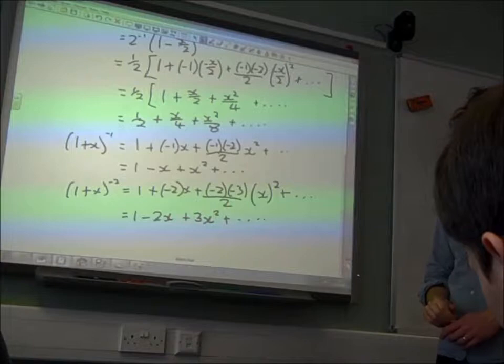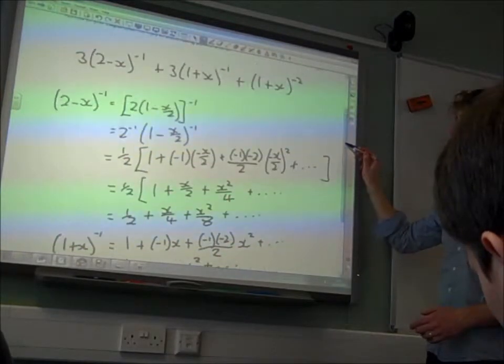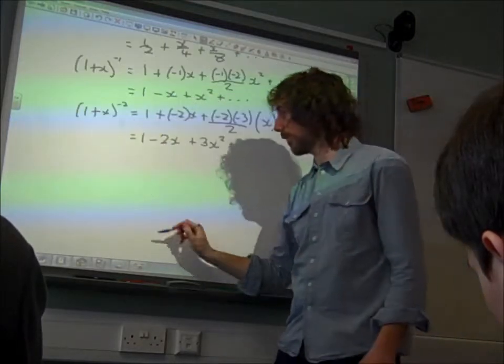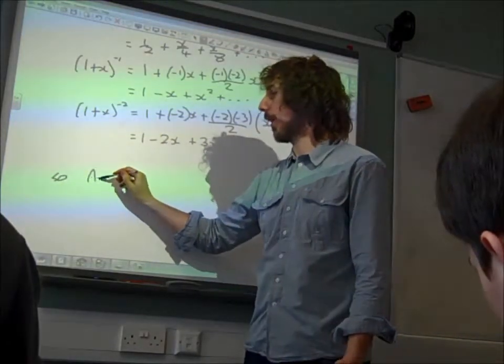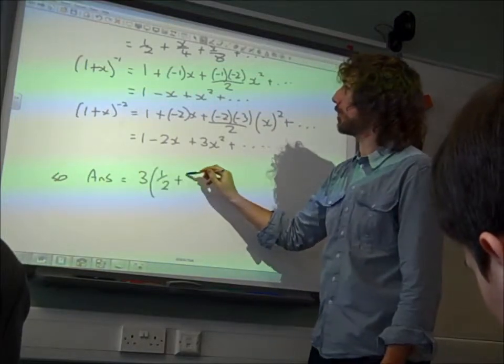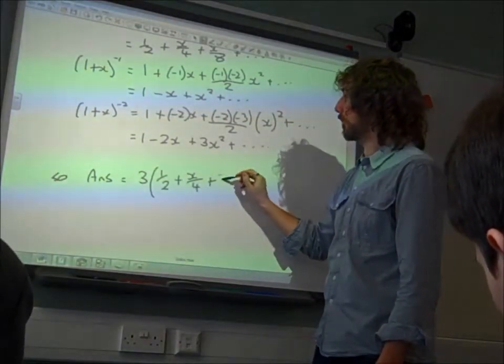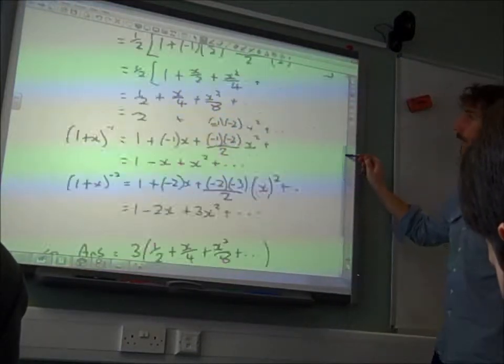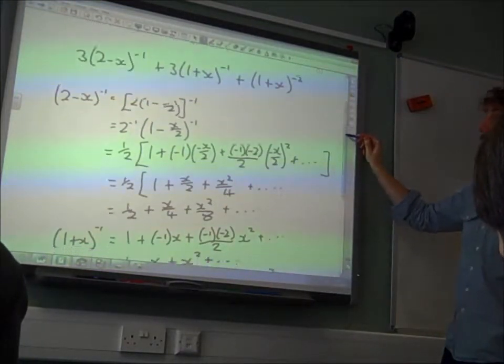Now we need to put this together, and altogether we've got 3 lots of this one. I can't be bothered to write it out again. The answer is 3 lots of that one. And then we had 3 lots of the next one.